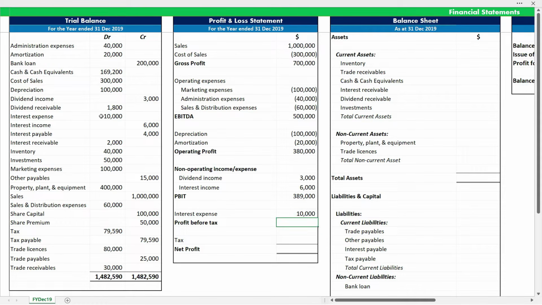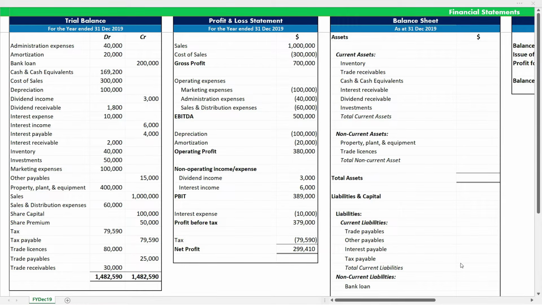And by the way, sorry, interest expense should be negative as well, so I would say minus 10,000. And then let us sum these values to reach the profit before tax, and then also add the tax, that is 79,590. And now we can calculate our profit after tax, that is 299,410. So I hope that you have found preparing profit and loss statement very straightforward.